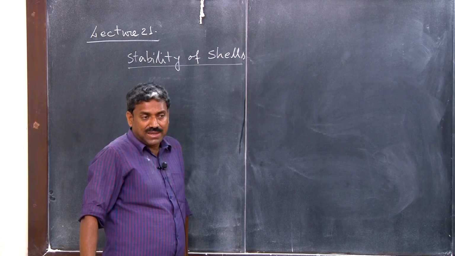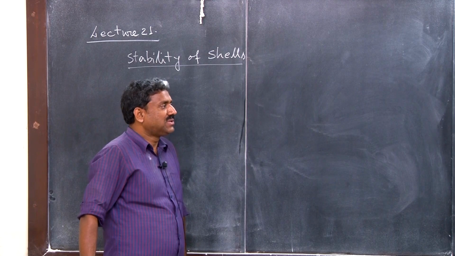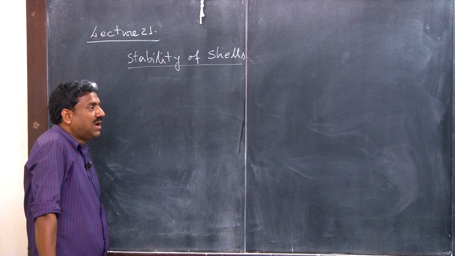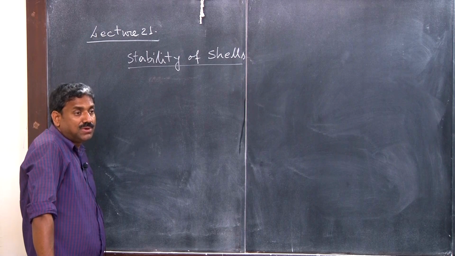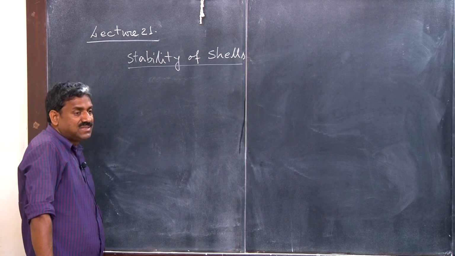The same thing is exploited in two dimensions. But the problem is that because of the thinness in one direction, like a plate, it is also susceptible to buckling. So, shells must be designed against buckling.